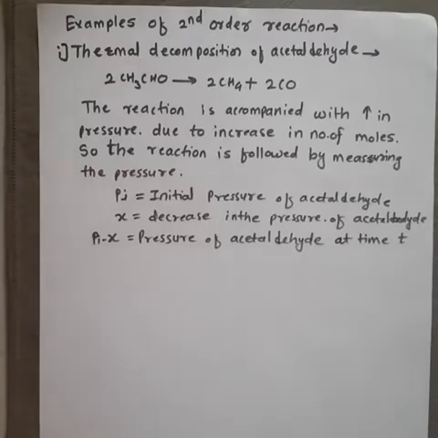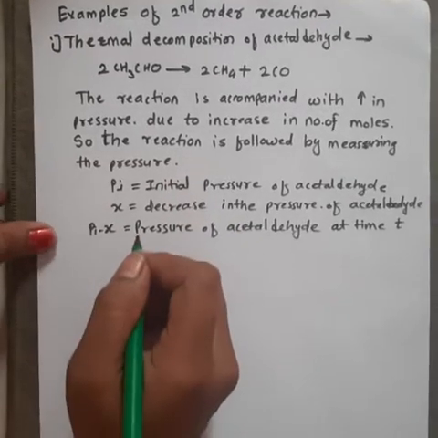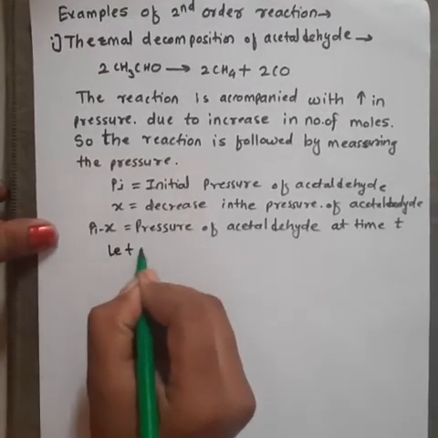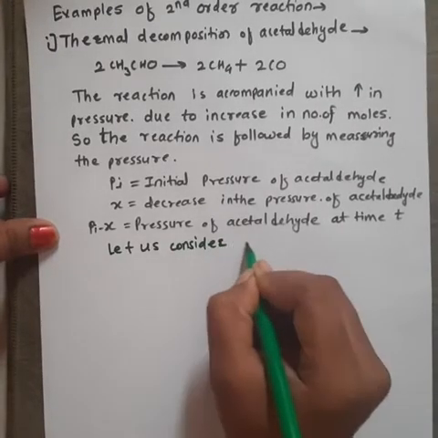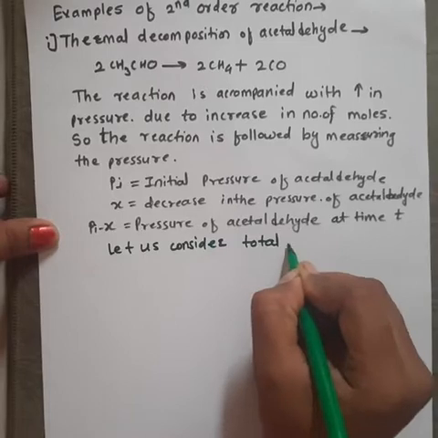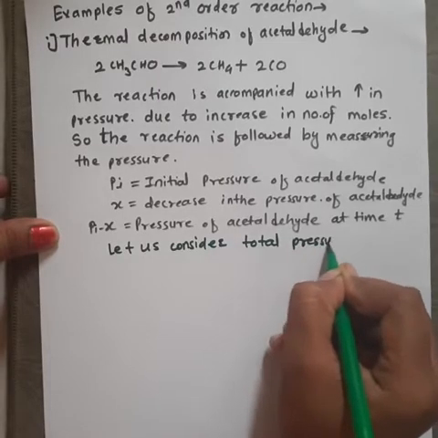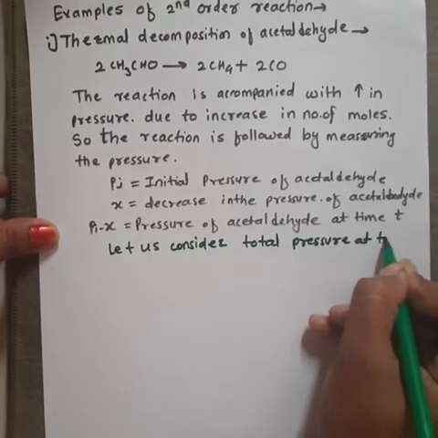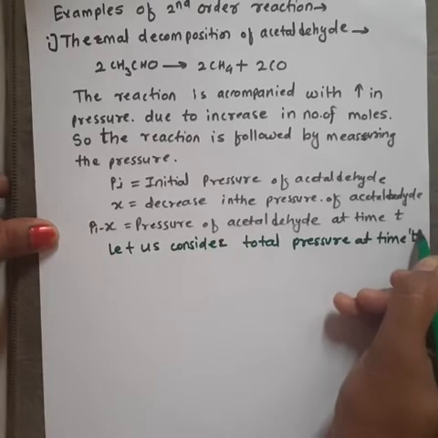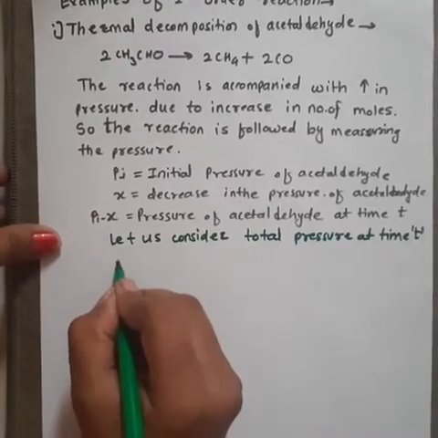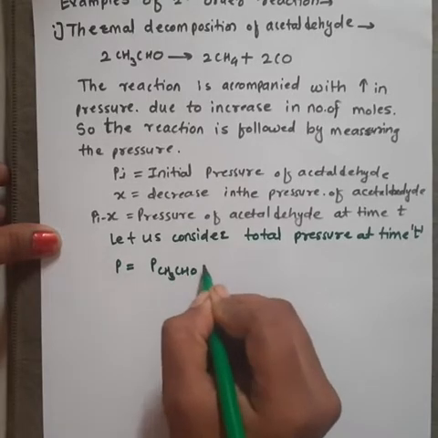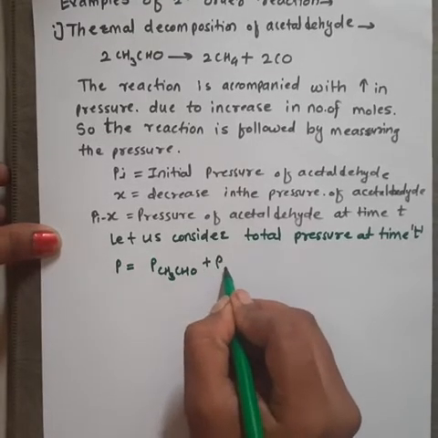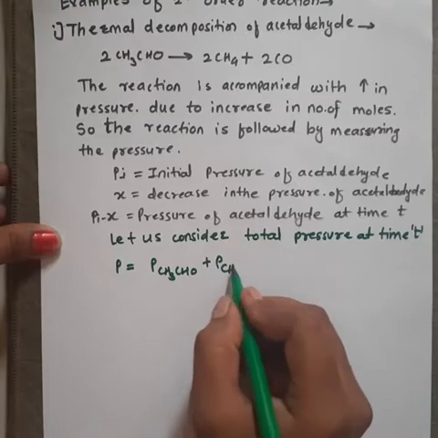So let us consider the total pressure at time t. How can it be given? Total pressure at time t can be given by P is equal to pressure of acetaldehyde, that is the reactant, plus pressure of product. Which products are formed?